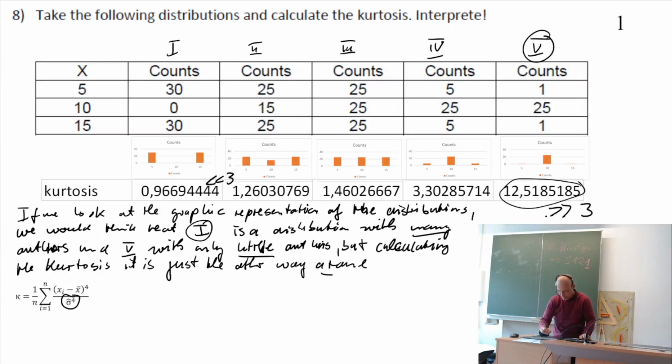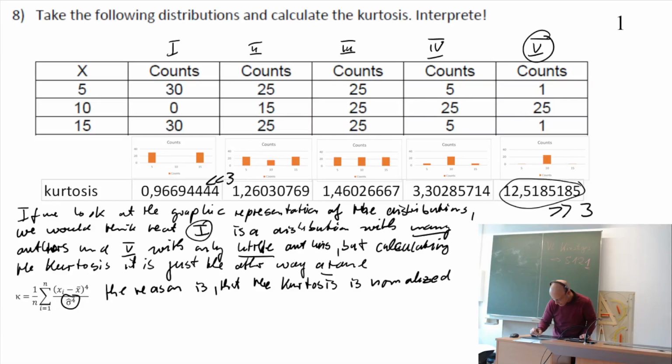Well, the reason is that the kurtosis is normalized with the standard deviation.